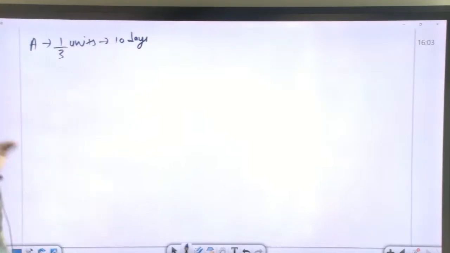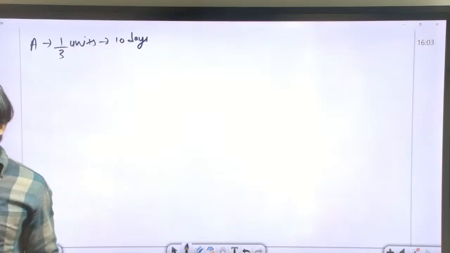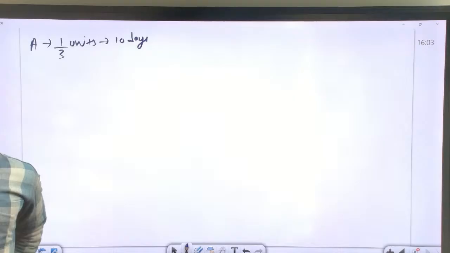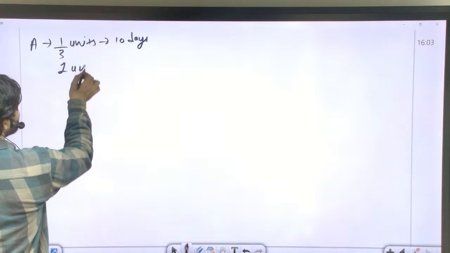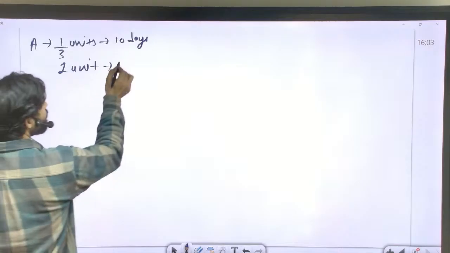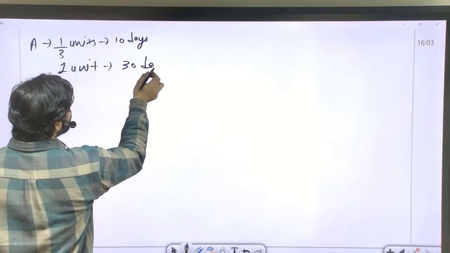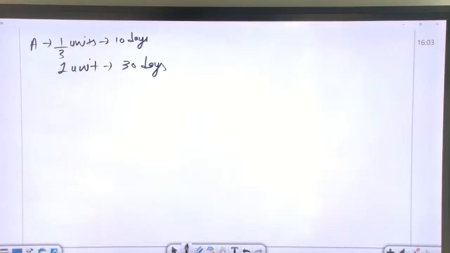If I find the value of 1 unit, it will be 100%, because in fraction, the fraction of 100% is 1. So 10 into 3, so A takes 30 days to complete the work.